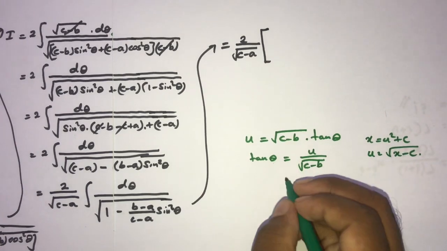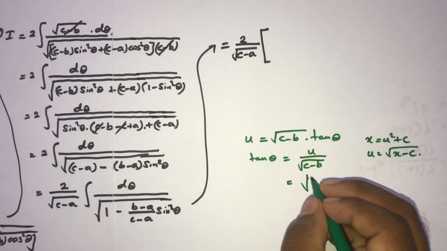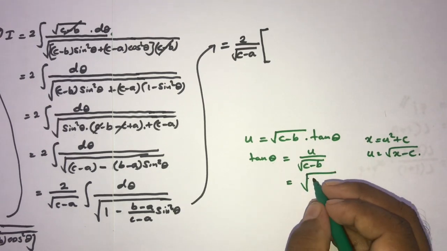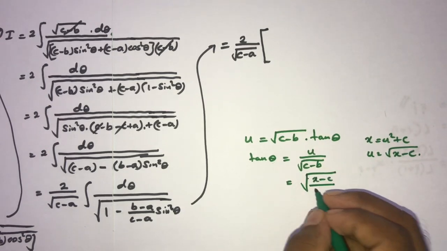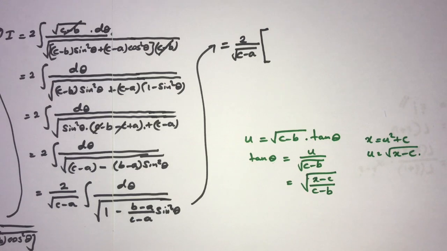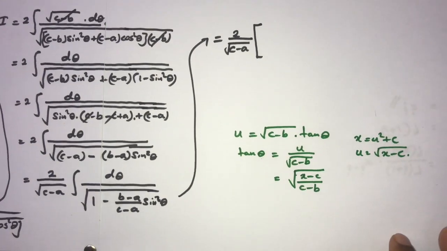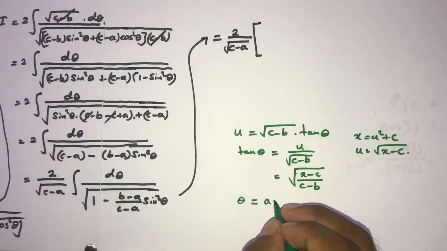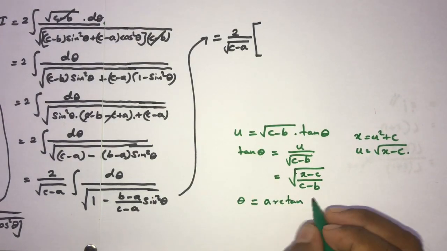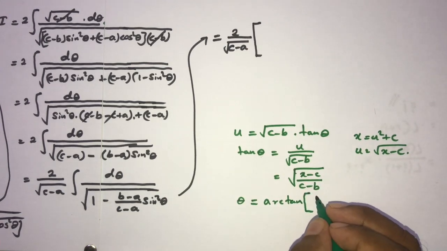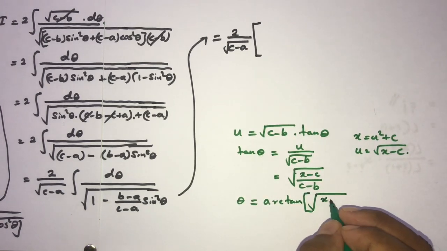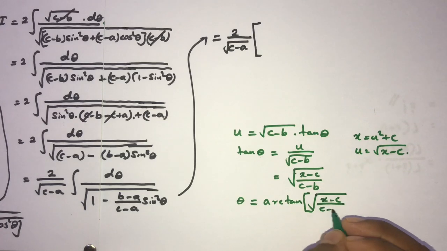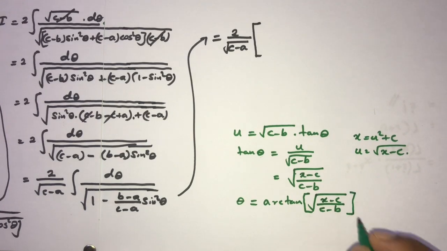So we can write u square is equal to x minus c. Then we know theta is equal to arctan of square root of x minus c over c minus b.